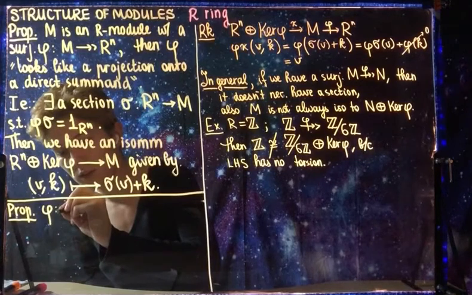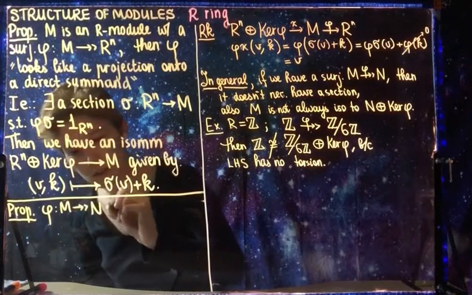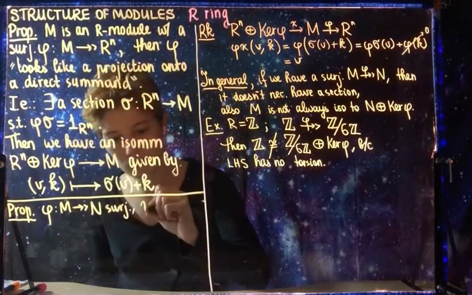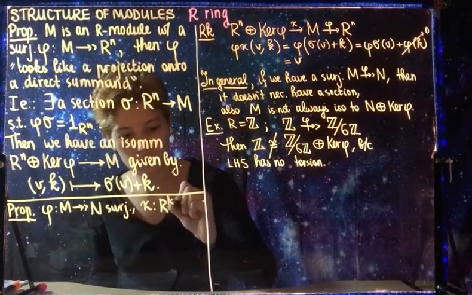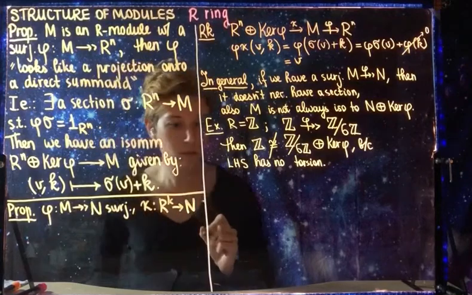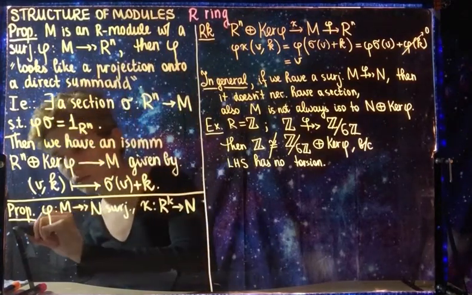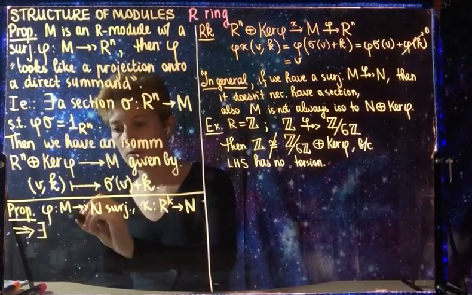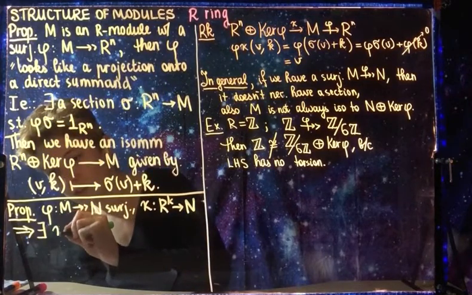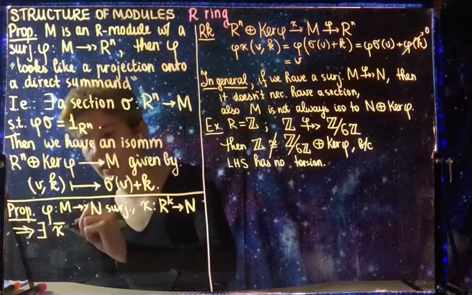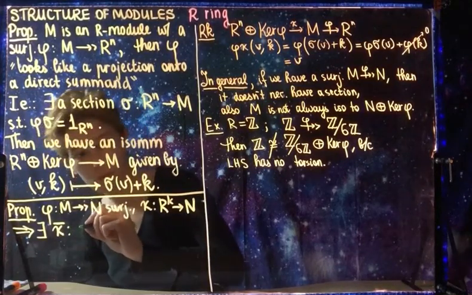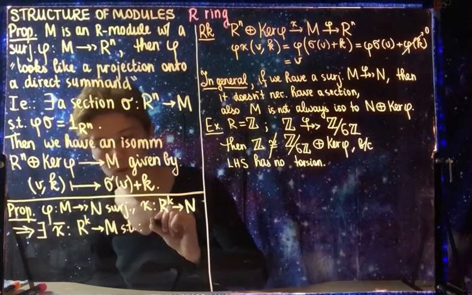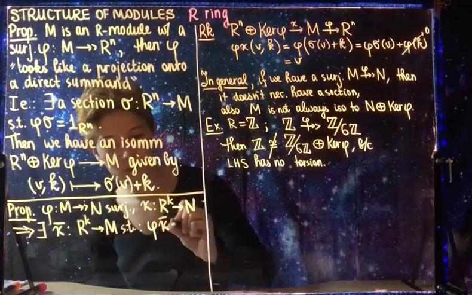If I consider a surjective homomorphism phi, and kappa is any homomorphism from a free module Rk to N, then I can lift kappa through to M. Then there exists, not necessarily unique, so we can choose many kappa bar from Rk to M in such a way that phi kappa bar is equal to kappa.